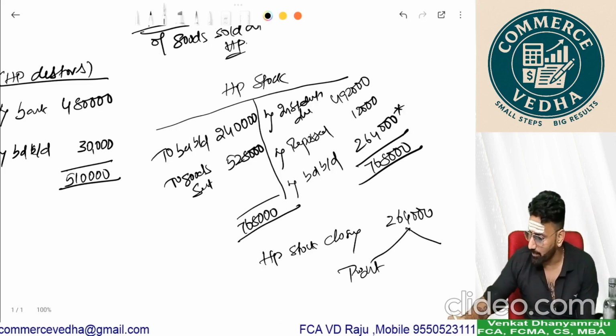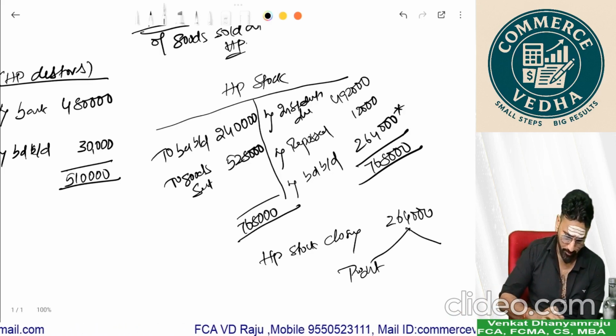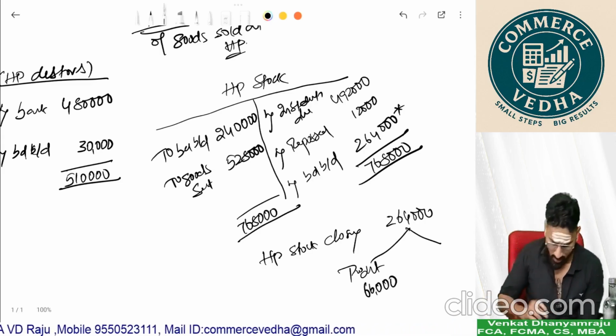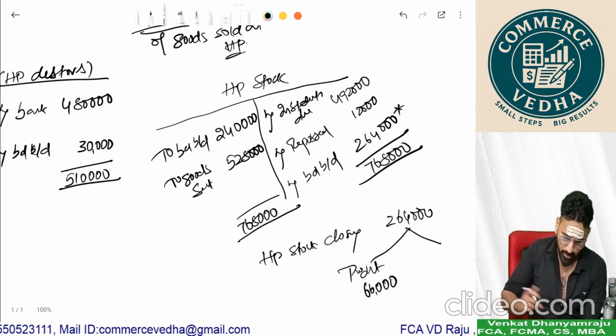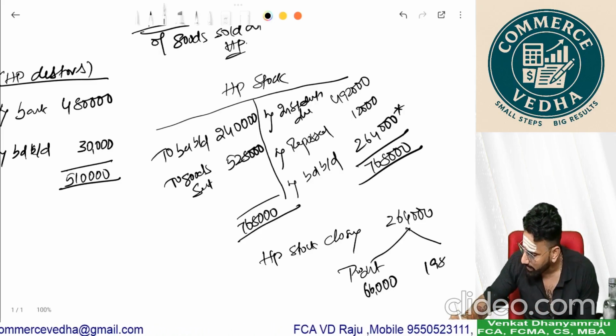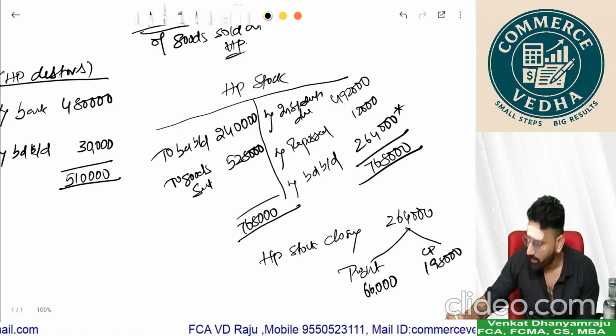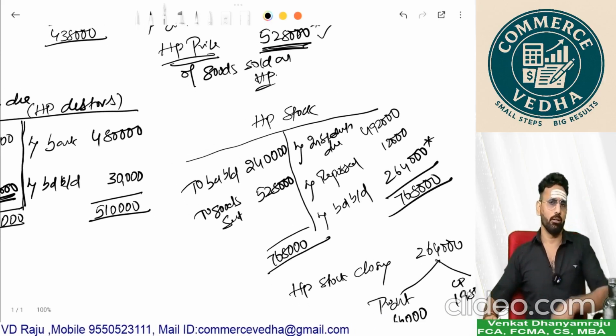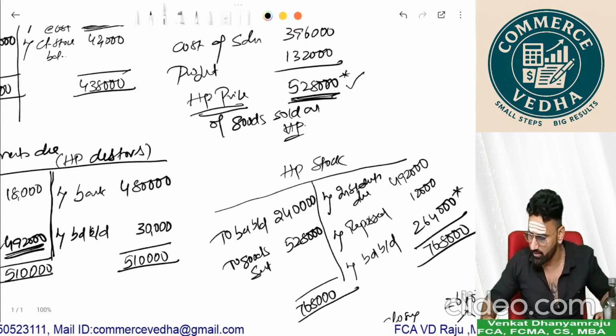This is hire purchase price. So 1/4 should be the profit. 66,000 should be the profit, and the cost price should be 1,98,000.